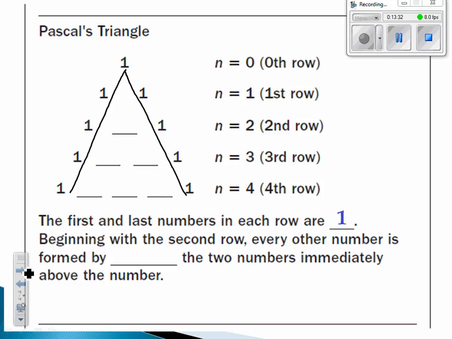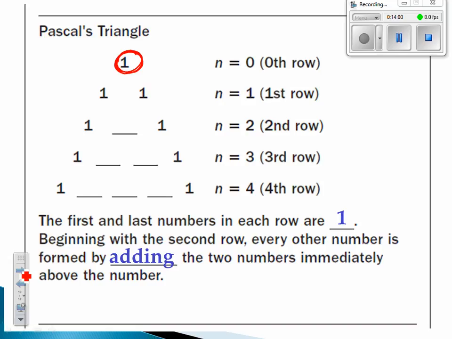Beginning with the second row, every other number is formed by adding the 2 numbers immediately above that number. Here's what I mean by that. Notice this is row 0 at the top, like the star at the top of the Christmas tree.